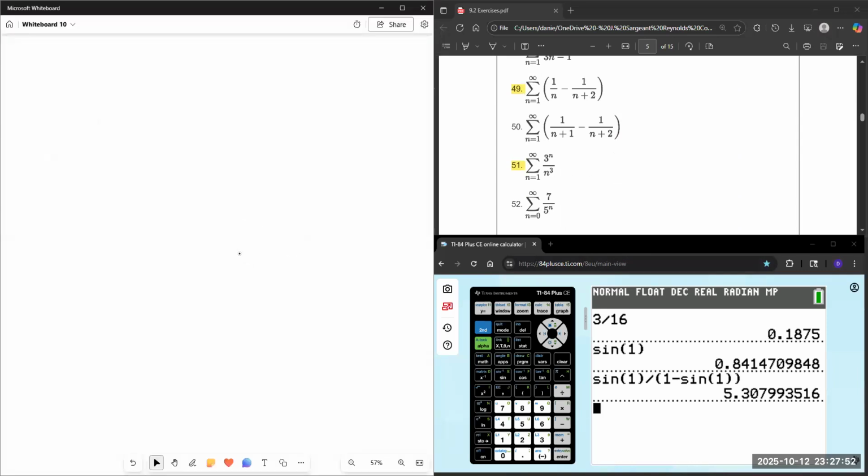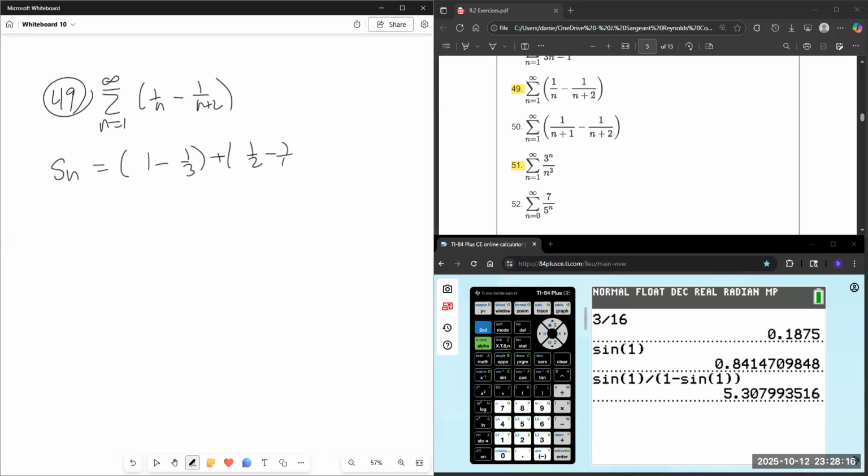All right, let's look at number 49. The summation from n equals 1 to infinity of 1 over n minus 1 over n plus 2. Let's find that partial sum. It'll be 1 minus a third, plus a half minus a fourth, plus a third minus a fifth, plus dot, dot, dot, plus, and I'll need two sets of parentheses here.